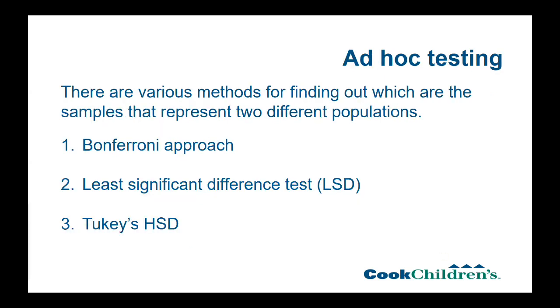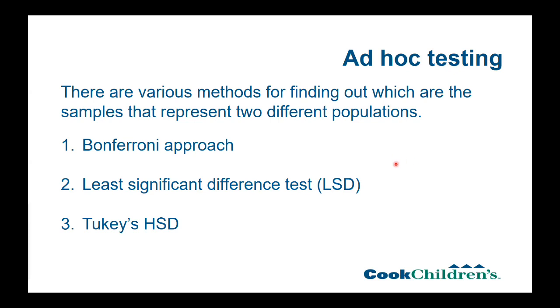So like I said, we know that one of the means is different, but we do not know which specific one. There are various methods for finding out which of the samples represent two different populations, or to know which one specifically is different from the other.